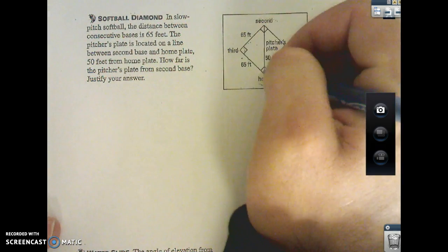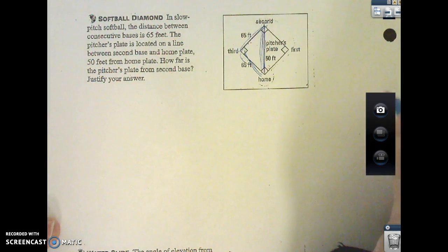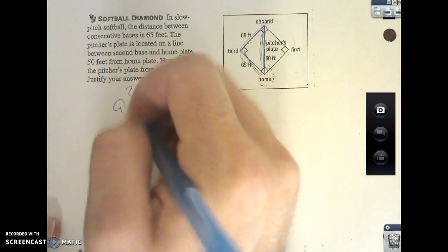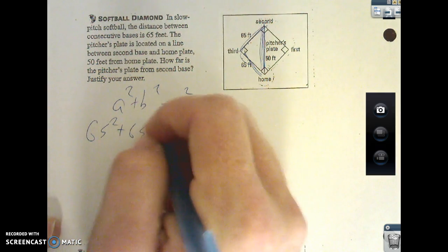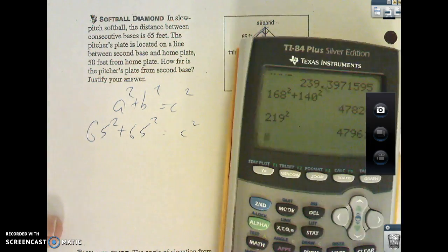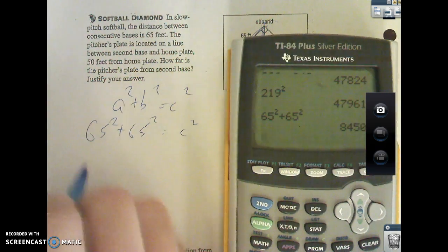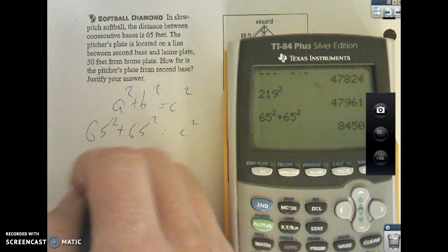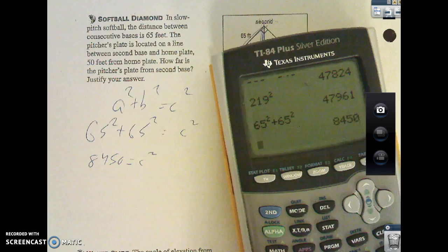You know this is Pythagorean, like a right triangle. Okay? So I'm going to do a squared plus b squared equals c squared. 65 squared plus 65 squared equals this. 8,450 equals c squared. I get square root left and square root right.